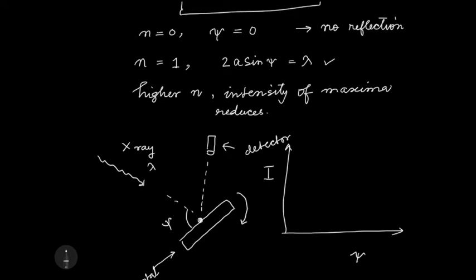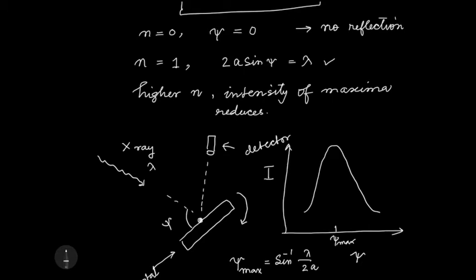And you will see that this expression is telling you there will be a maxima at the psi given by psi maxima equals sine inverse of lambda by 2a. So there is a psi max here where I will see a peak.